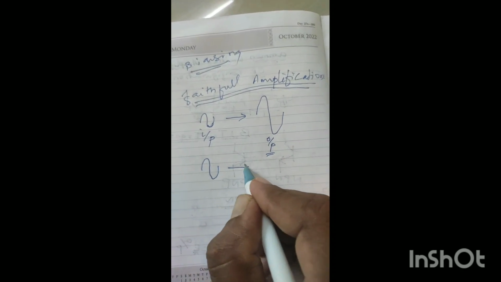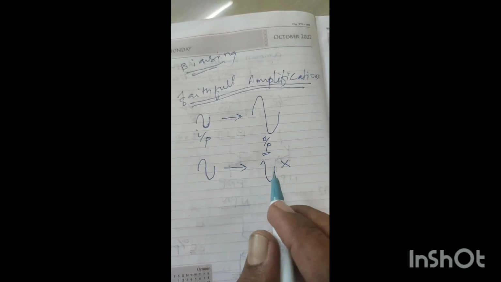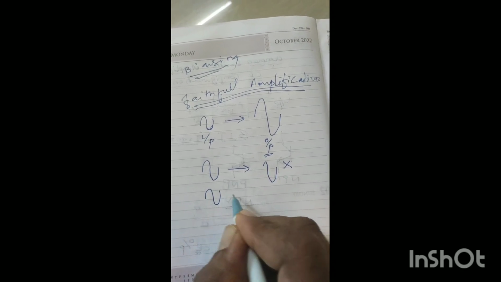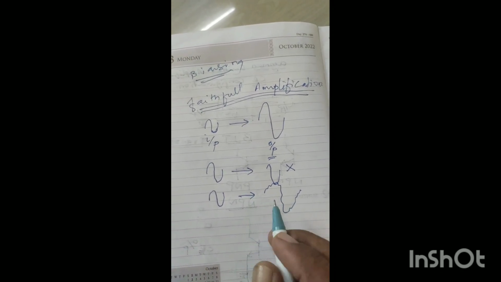For example, suppose the input signal is like this. If the output signal is like this, then the amplification is not good. It is not a faithful amplification. Suppose the input signal looks like this and the amplified output signal is like this, it means it is distorted. This is also not a faithful amplification.